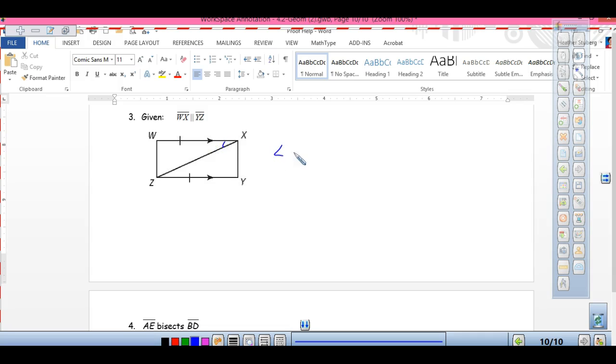Angle X has 2 different angles. WXZ would be congruent to YZX, because those are alternate interior angles.